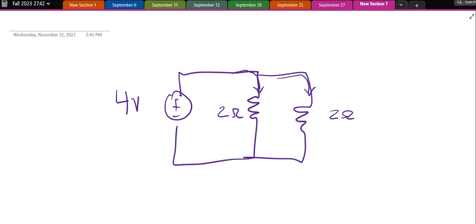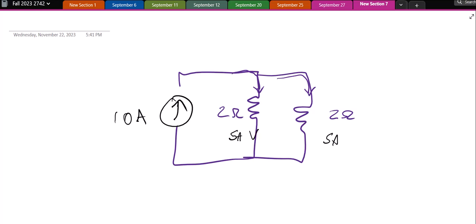Actually, I'm going to change this to a current source just so that I have one less step to do. I'm going to make this a 10 amp current source. That's a large current source, but a 10 amp current source. If these are identical, then I have 5 amps on each one. So it makes sense that it would divide up equally.